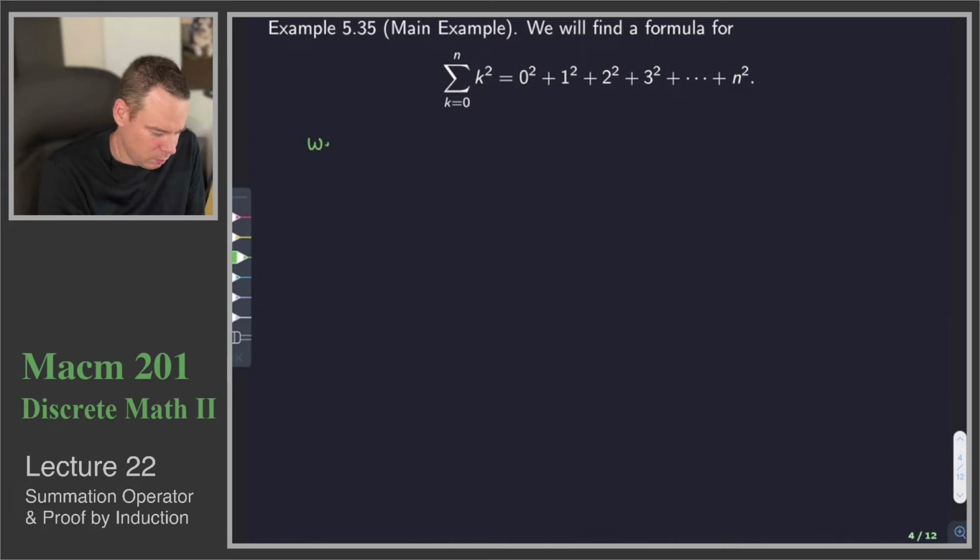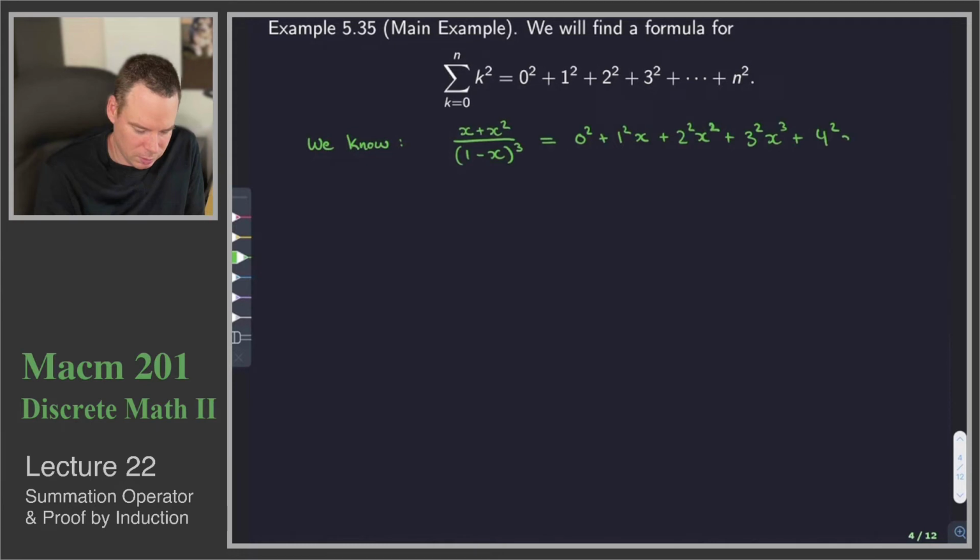So we know already, from the previous slide, that x plus x squared over 1 minus x cubed is the generating function for 0 squared plus 1 squared x plus 2 squared x squared plus 3 squared x cubed plus 4 squared x to the 4th plus dot dot dot.